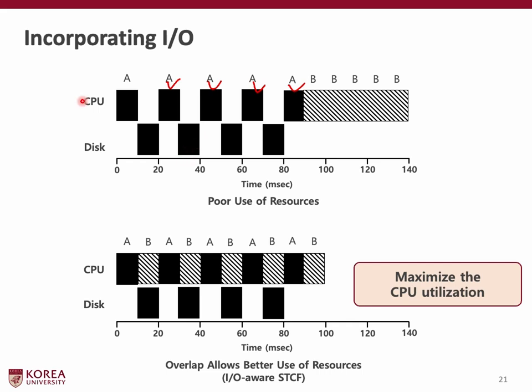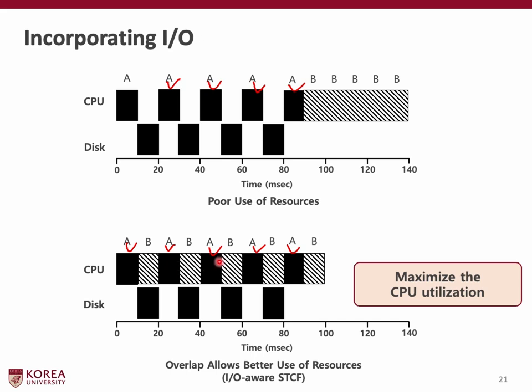Now, look at the bottom timeline. This is what happens when you use the I/O-aware STCF scheduler. Basically, this scheduler handles each 10 milliseconds of CPU work as an independent job. So, whenever A becomes ready after I/O, it looks like a new short job. And its remaining time is smaller than B's remaining time, so STCF picks this subjob at this point.